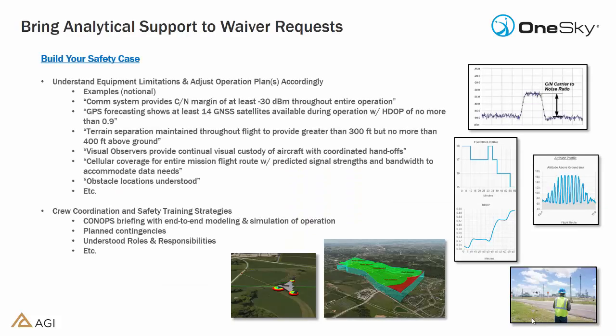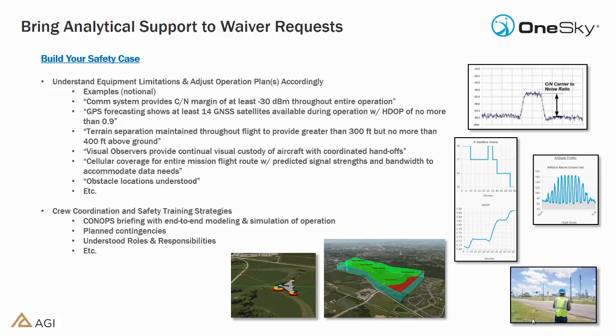So think about all of the things that we've highlighted up until this point, and try to make the connection of how to use that type of analysis to build your safety case. Demonstrate a deep understanding of your equipment and its limitations, the ability to adjust operation plans accordingly given new information about those systems, and different design considerations.